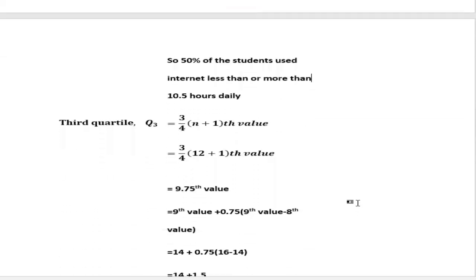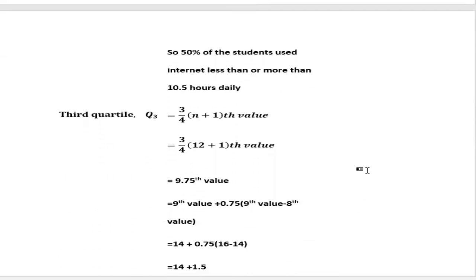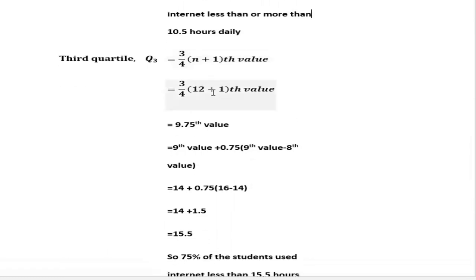Similarly, we know the third quartile is 3 over 4 times n plus 1. We know n is 12. If you do the calculation, it will be the 9.75 value. For the ninth value, and for the 0.75, we have to multiply 0.75 by the 10th minus the 9th value. Sorry, I made a mistake; it is the 10th minus the 9th value.